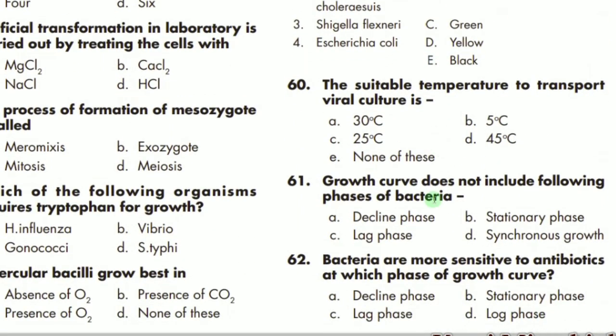Then we have MCQ number 60 that asks for the suitable temperature to transport viral culture. Viral cultures are mostly transported at 5 degrees Celsius. B is the correct option. The growth curve does not include which phase of bacteria? For this we say synchronous growth.